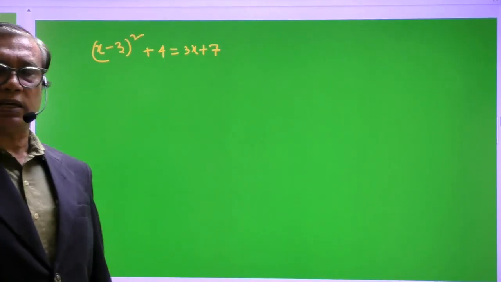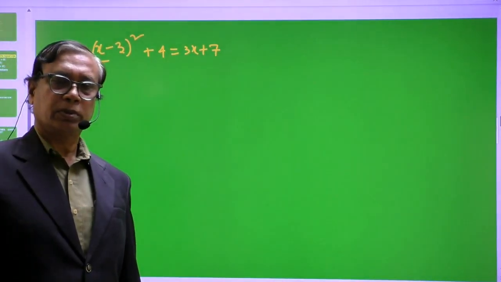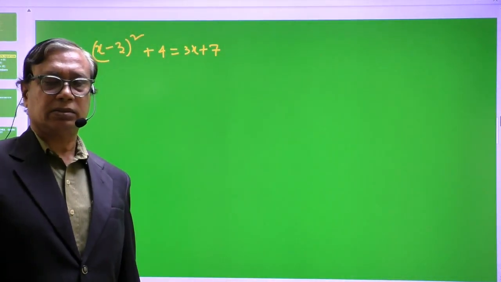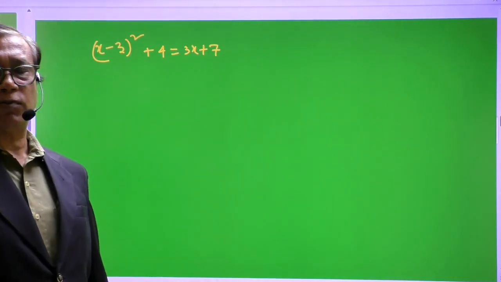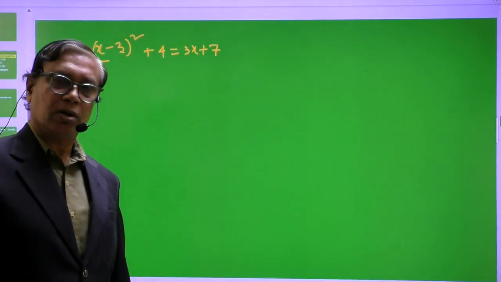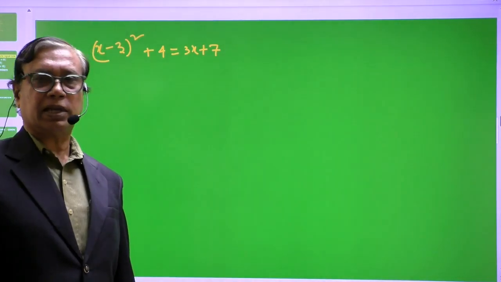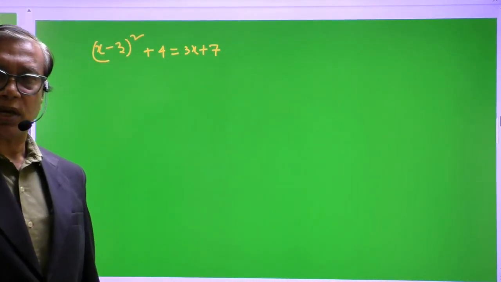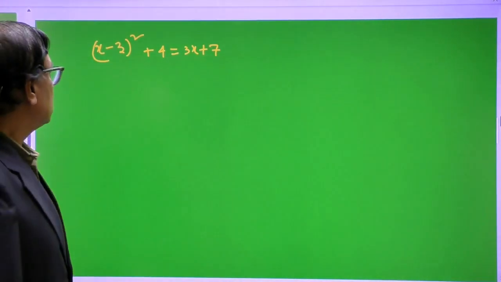We have to bring it to the simplest form. Then we will check whether it is possible to express it in the form ax square plus bx plus c equals 0. If it is possible, then we can say it is a quadratic equation, otherwise not.